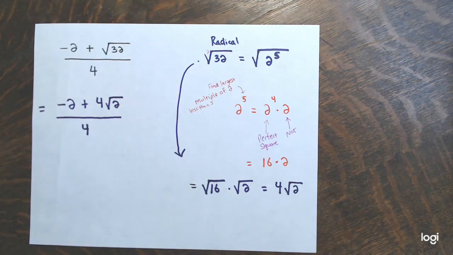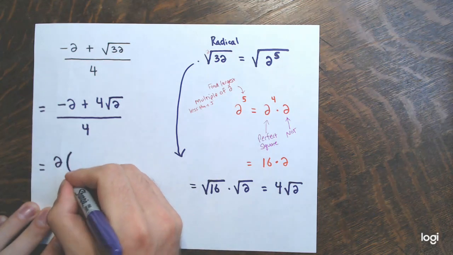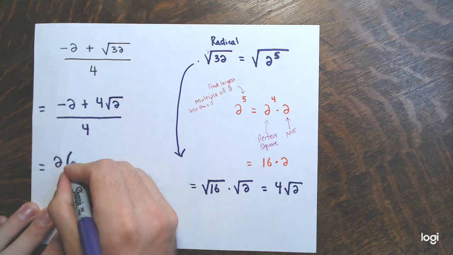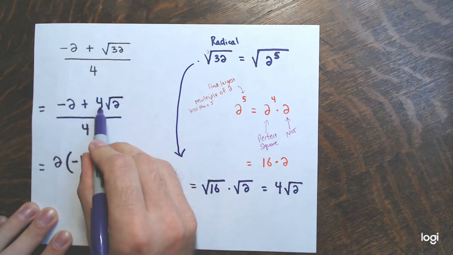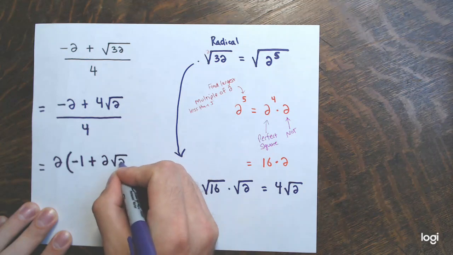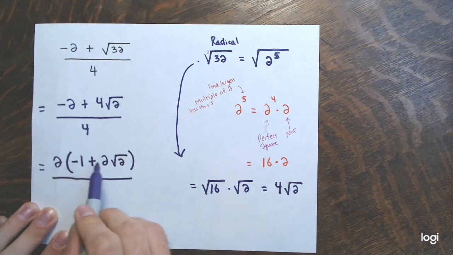So these both have a factor of 2. So I'm going to factor that 2 out. And when I remove a factor of 2 from these, what's left in the first term would be the negative 1. Plus, and if I remove a factor of 2, this is 2 times 2, times the square root of 2. If I remove a factor of 2, what's left is 2 times the square root of 2. And then all this, there's 2 factors in the numerator.